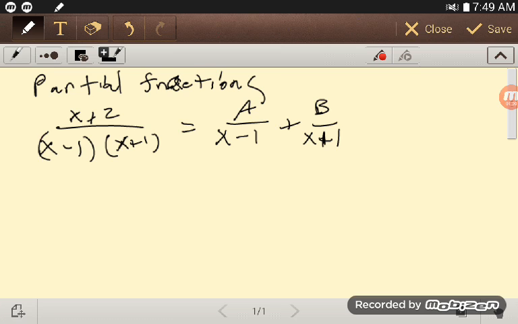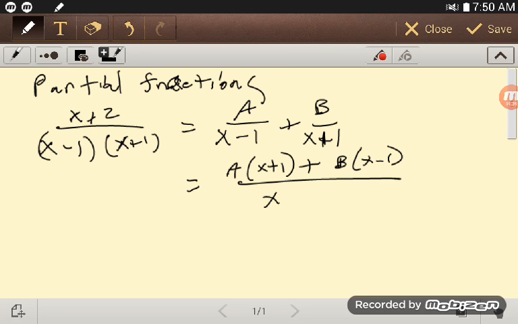And now to find that, the basic idea is you actually redo the right side over here, get your common denominator, so multiply the two things together, and you get A times (x + 1) plus B times (x - 1) all over (x - 1)(x + 1).